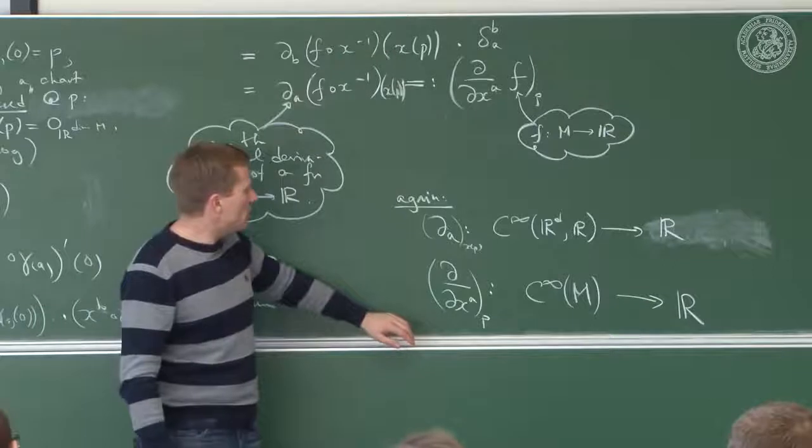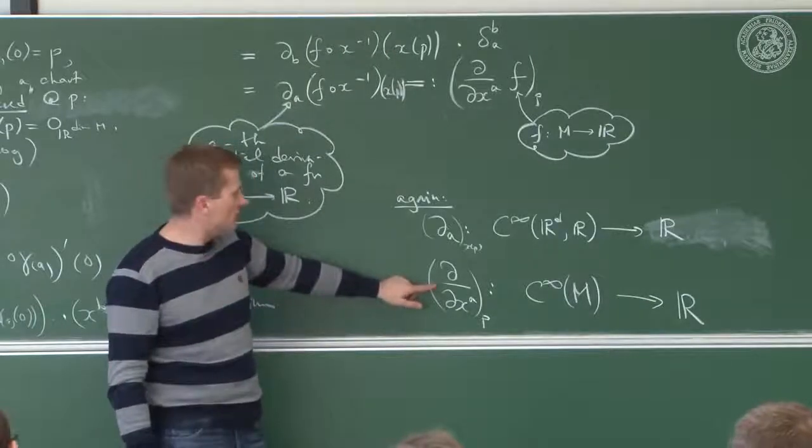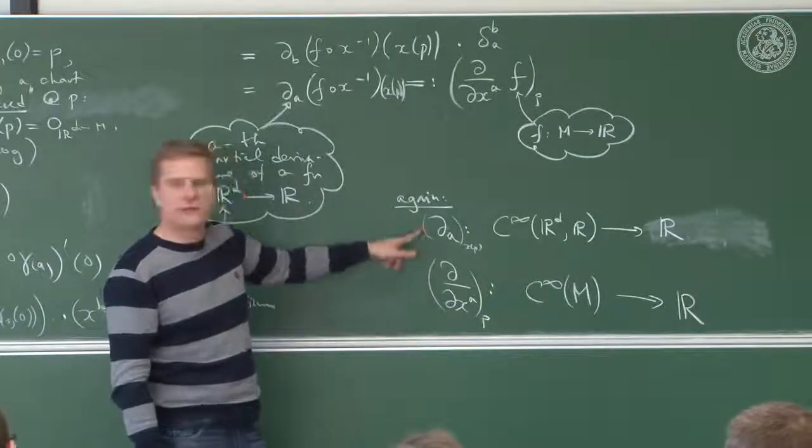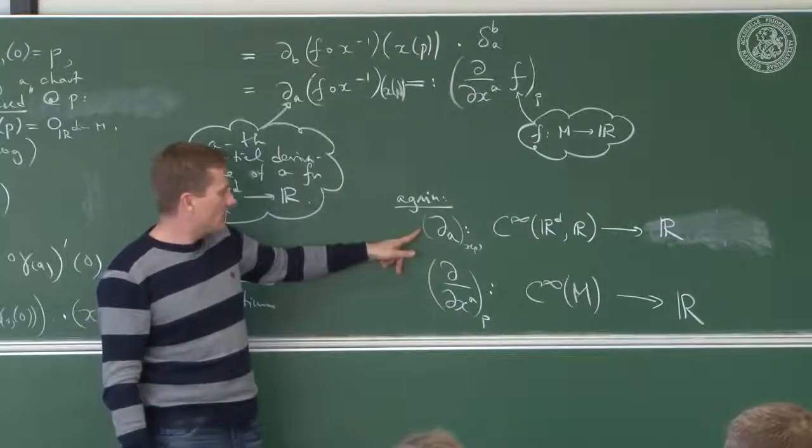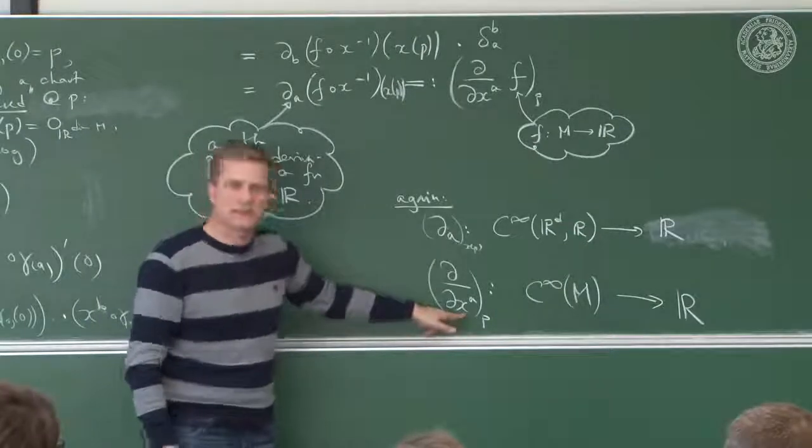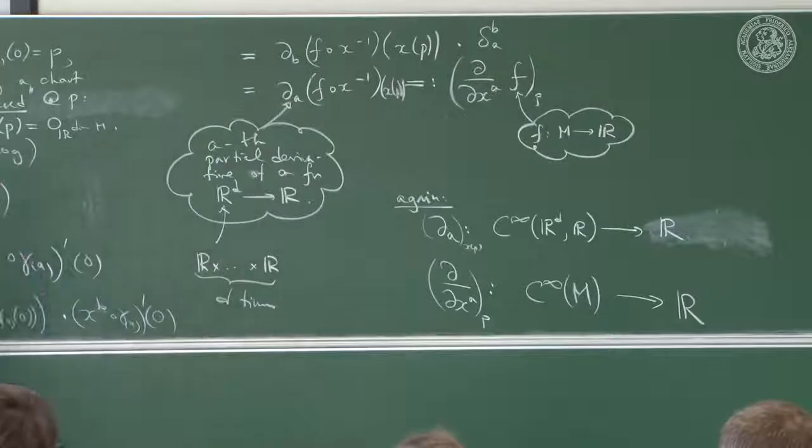So my claim is you never so far needed this; you always needed this. And here it makes sense because it refers to a certain chart, which you need. Okay, so we have this.